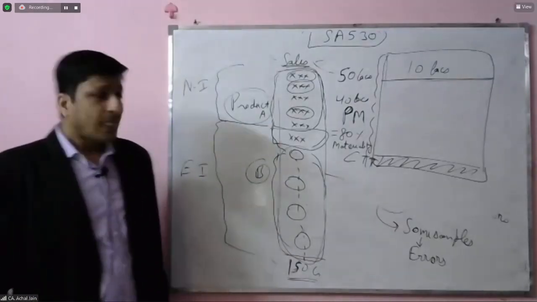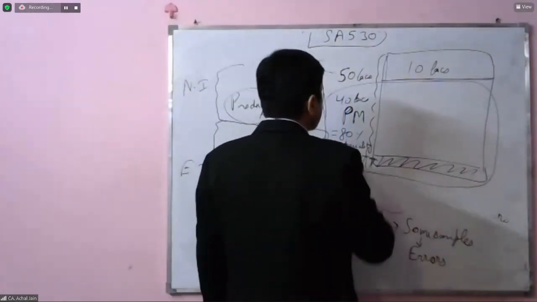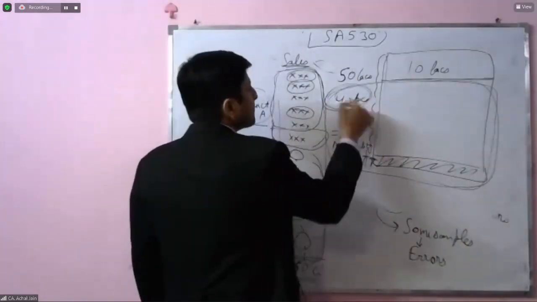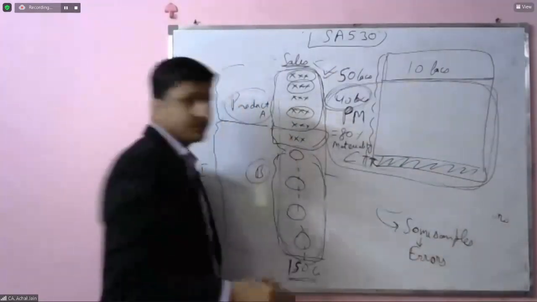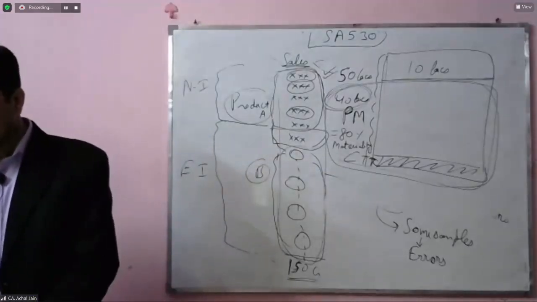And therefore, whenever this sample selection or any of these procedures are done, those are always used basis this number instead of this one. Clear?